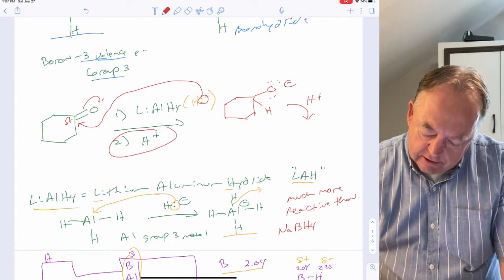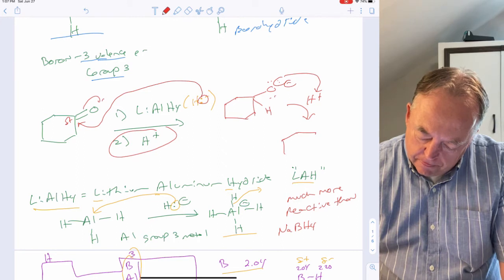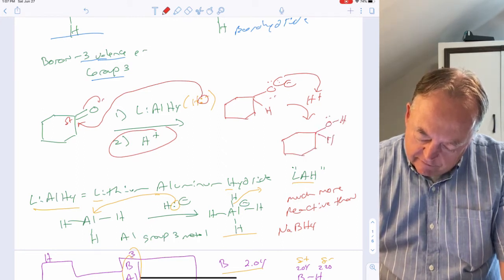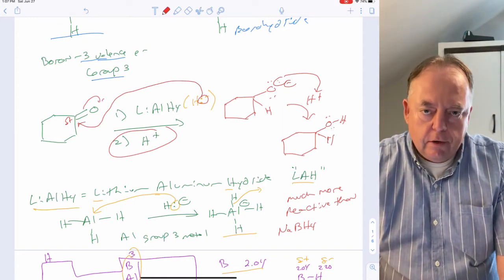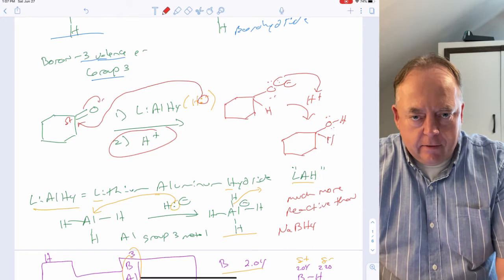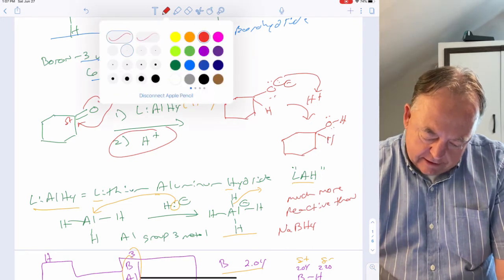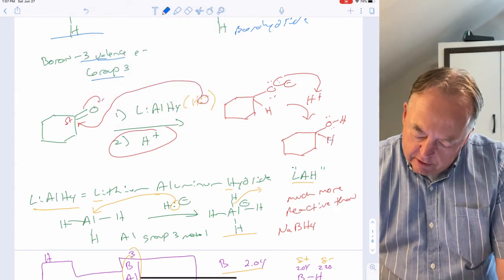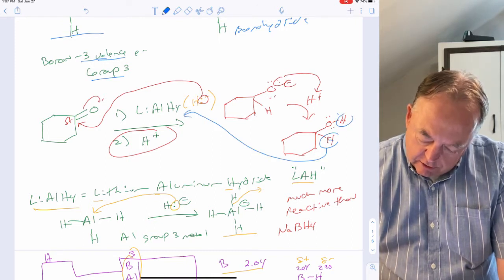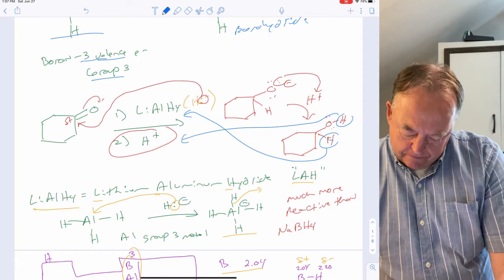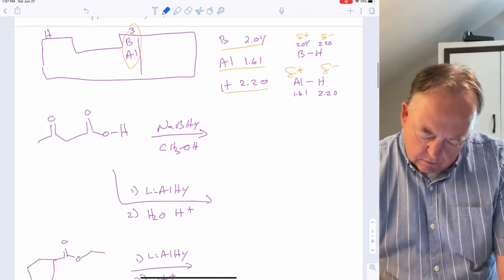In the second step, O minus picks up a hydrogen, and now you have an alcohol. So basically in both cases, just take the C double bond O and make a COH, an alcohol out of it, but recognizing the hydrogen on carbon comes from here, and the hydrogen on oxygen comes from the second step.